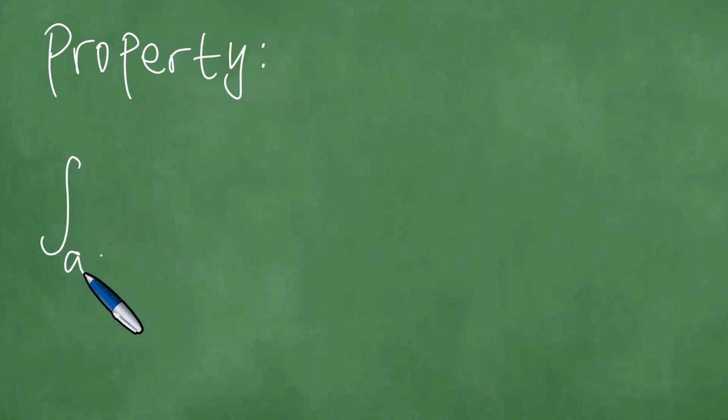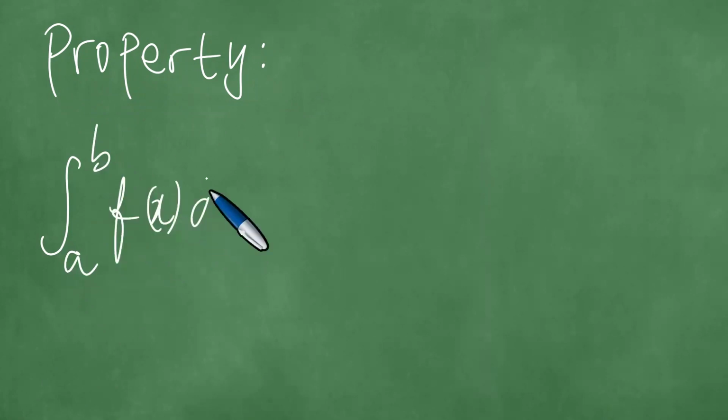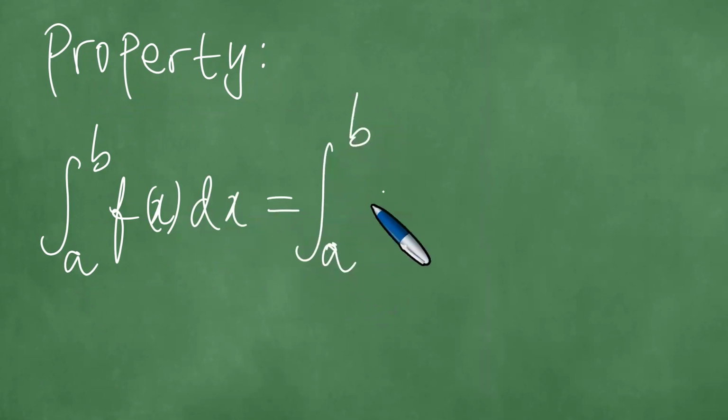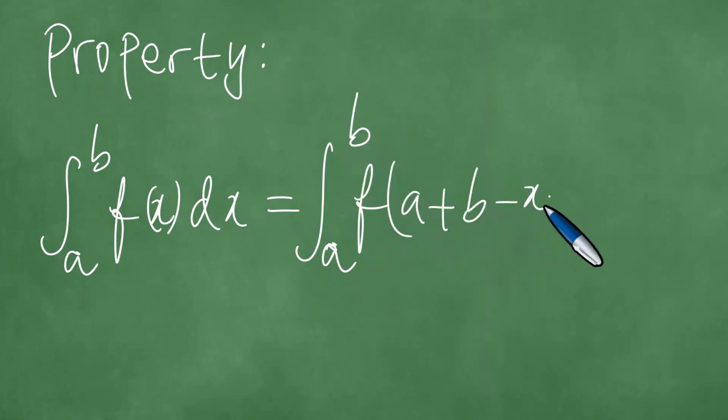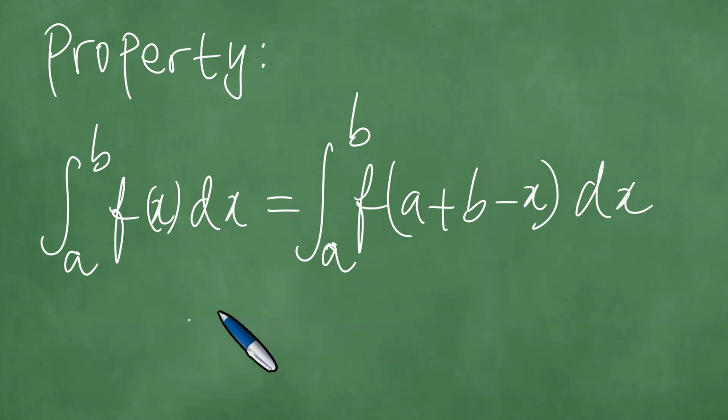The property states that the integral from a to b of f of x dx equals the integral from a to b of f of a plus b minus x dx. This is a true property of integrals, and we use it all the time in definite integrals.